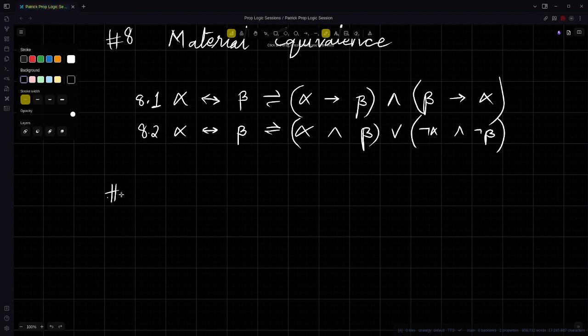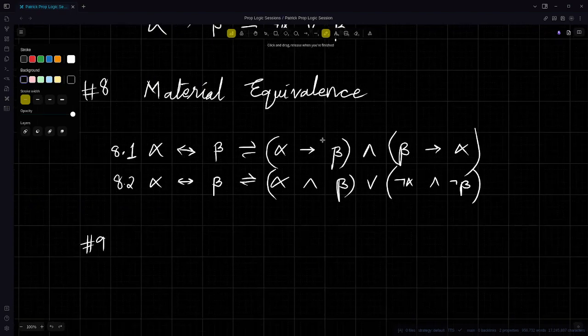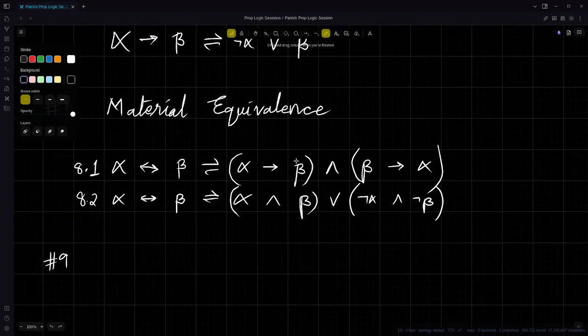Then we can go to the ninth one. Yeah, for 8.1, it would be possible to switch the brackets around as well, right? Can you tell me why? What rule would that be?